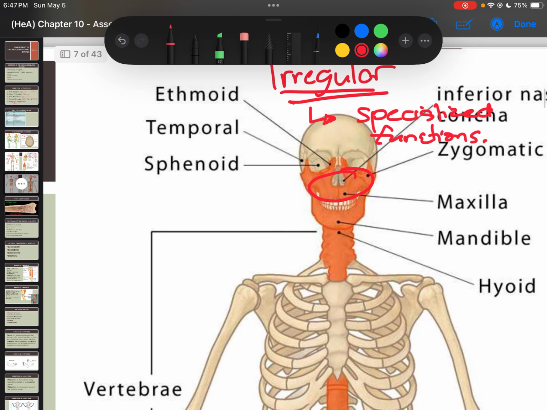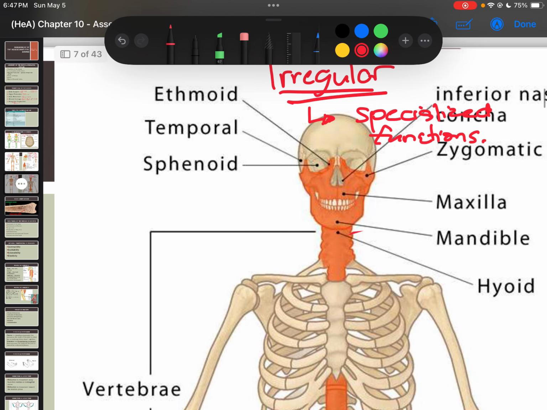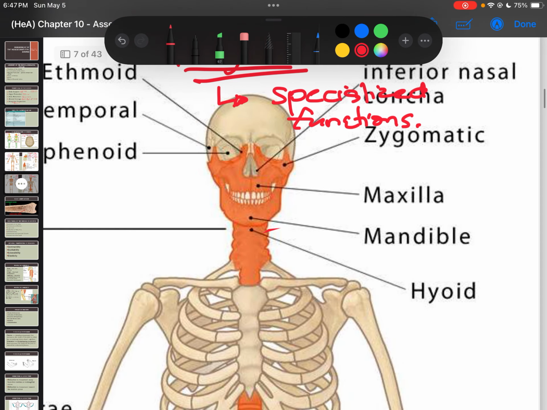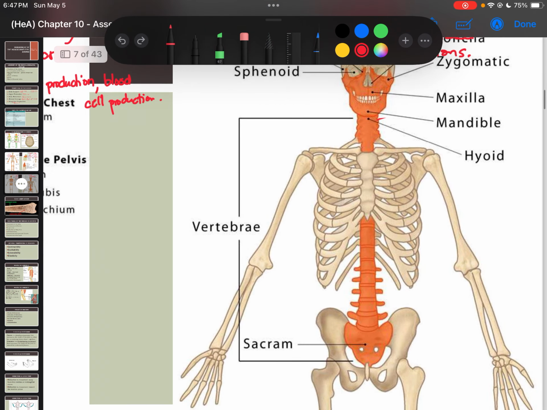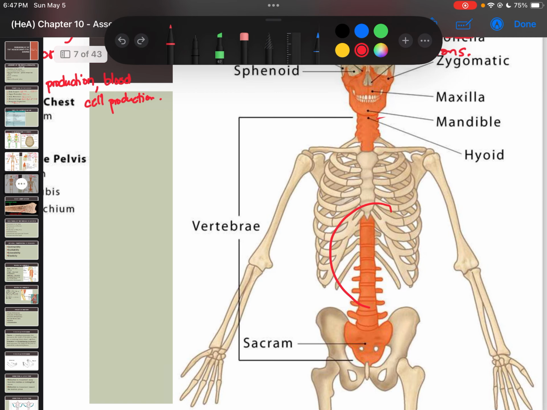For example, the maxilla and the mandible, their shape is designed specifically so that they are good for crushing. That's why they are used to bite or crush food.